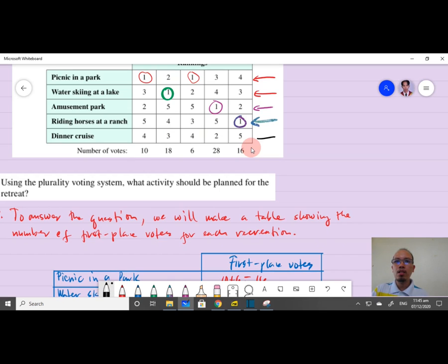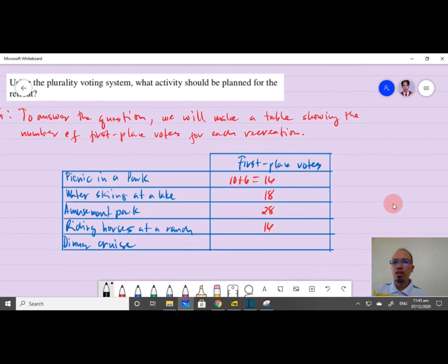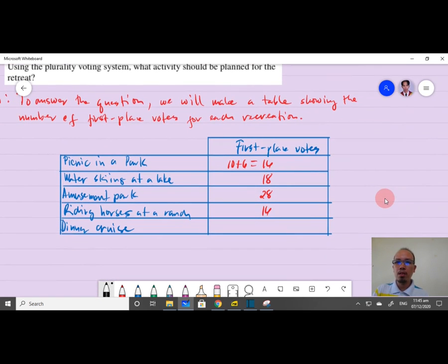As you can see, in this row there are no first place votes. This is 0, so the answer for this one is 0. So the winner is this value here, this is 28.